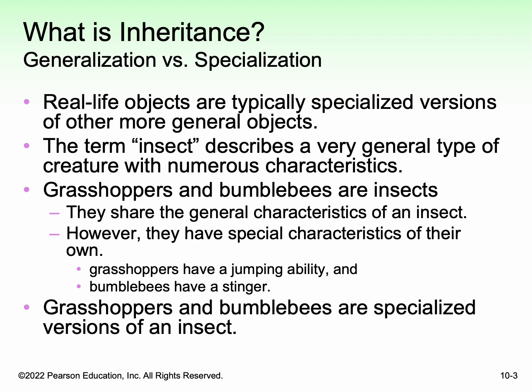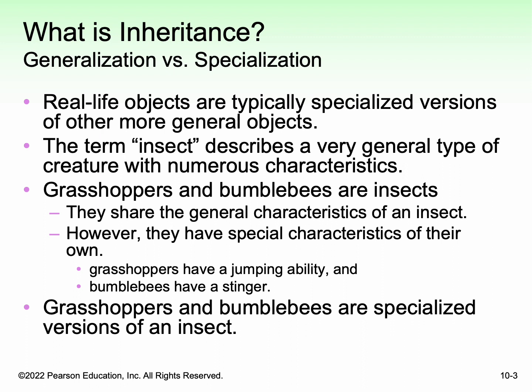In this example that the book gives us in this class, they want to focus on the term insect. The term insect is just going to describe a general type of creature that has numerous various characteristics, right? However, different insects will have different, more specialized characteristics added to them.